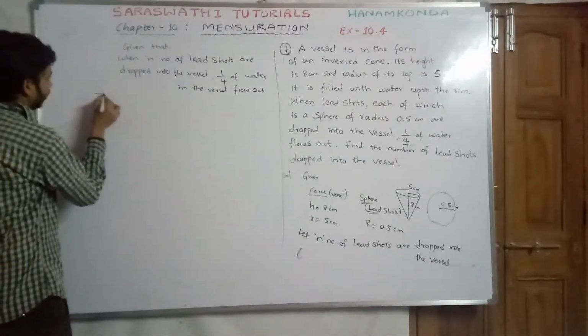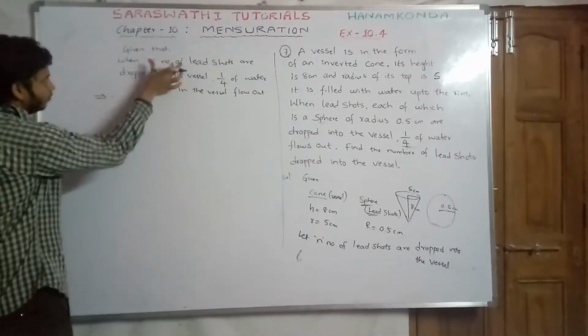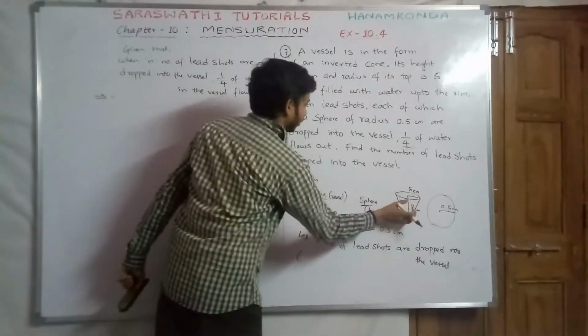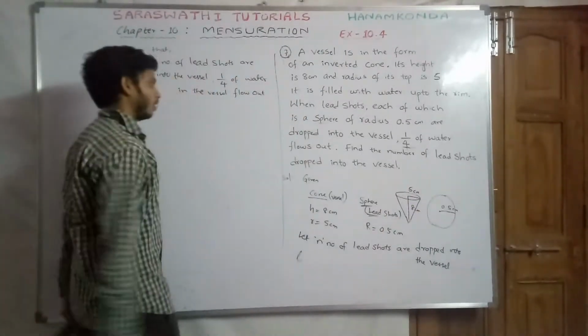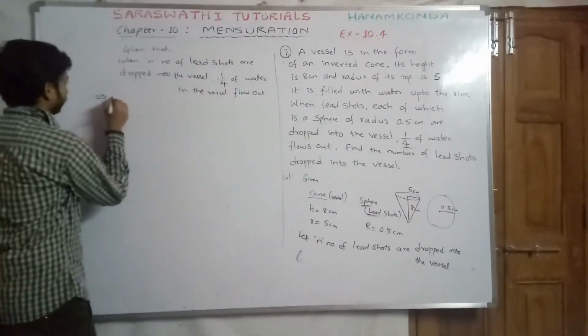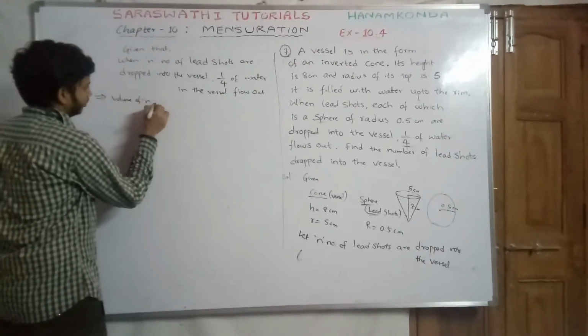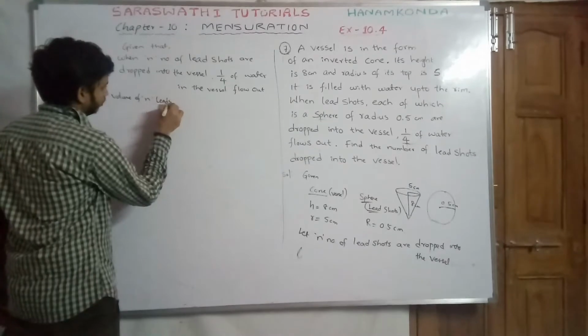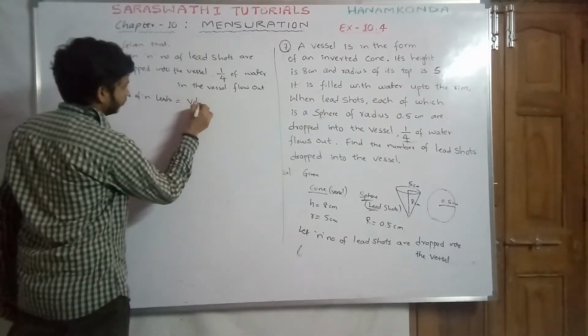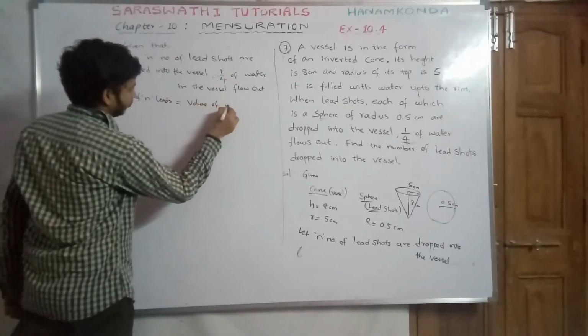That implies that the volume of these n lead shots is equal to the volume of water flown out.